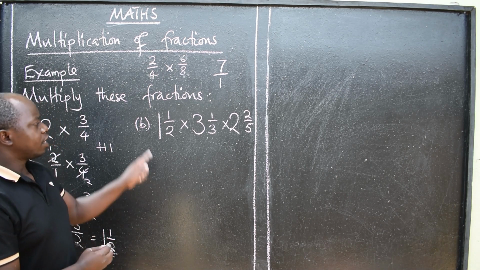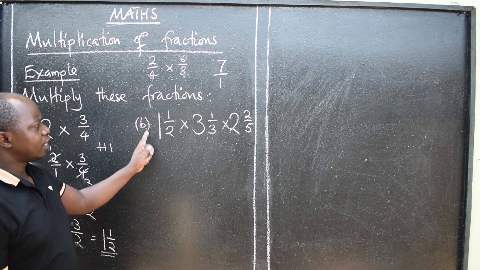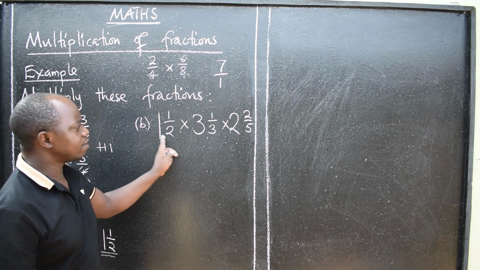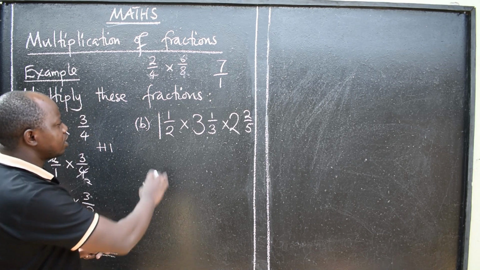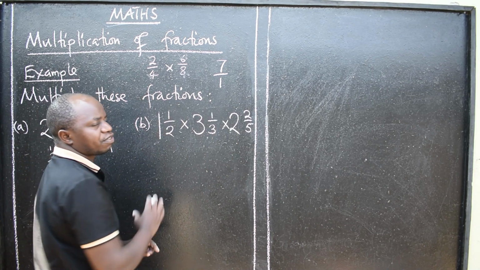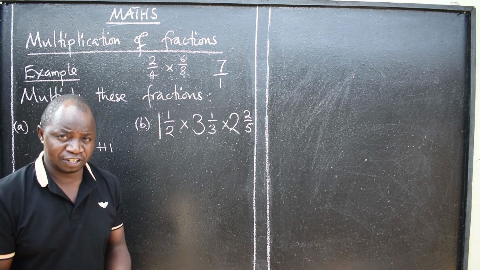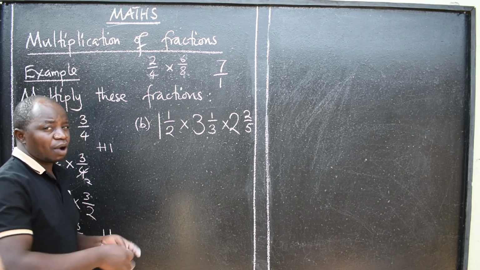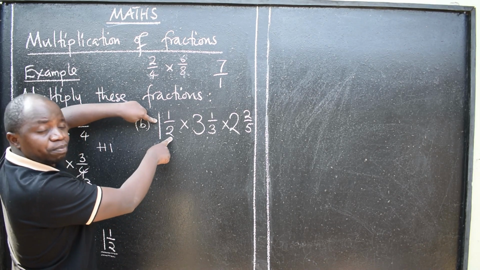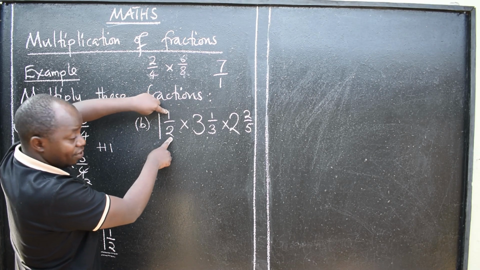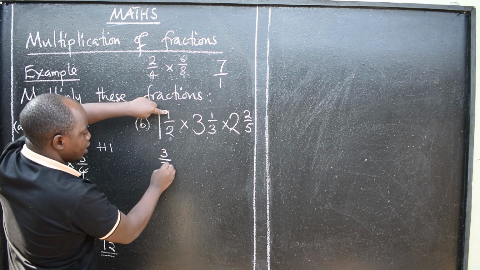Okay? We move on to B. B has got mixed fractions. The first thing you're going to do is to change these mixed fractions into improper fractions. So we start changing one by one. The first one, 1 times 2, it will be 2 plus 1, 3. So it will be 3 over 2.